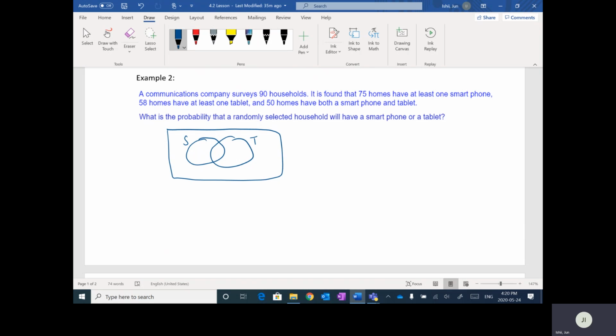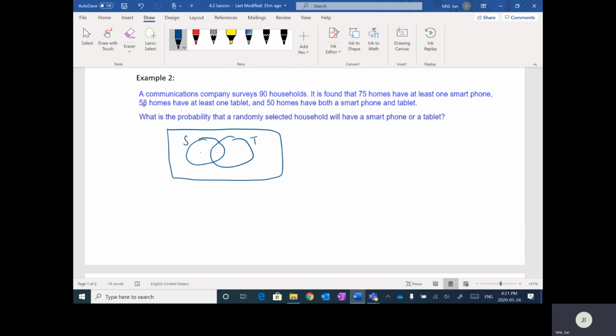Now, when we're trying to figure out the numbers in here, it says there's a total of 90 households surveyed. So all the numbers should add up to 90. We found that 75 have at least a smartphone, so 75 would be this entire ring. If I add the two numbers that I'll come up with here, they should add up to 75.